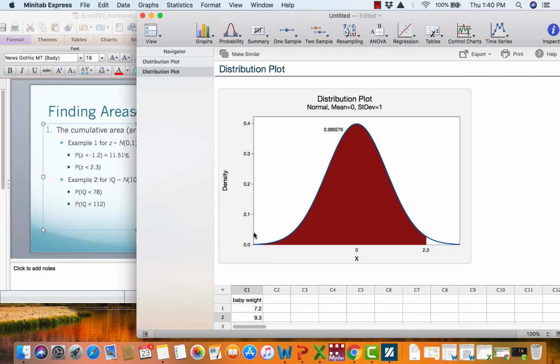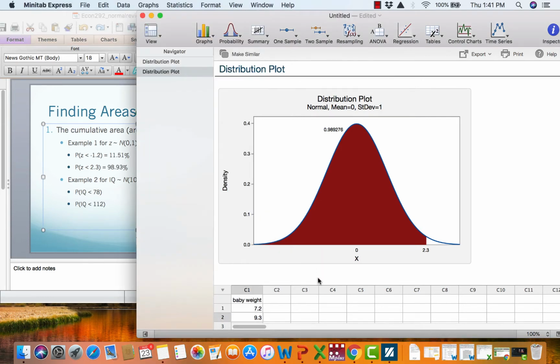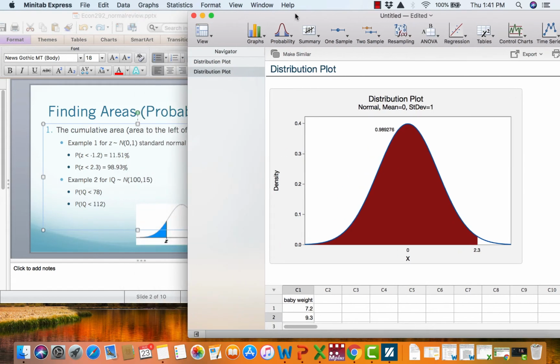All right, so everything to the left of 2.3 is shaded. And we have our decimal that we now need to write as a percent rounded to the 100th. So we'll have 98.93 because the 7 rounds the 2 up. All right, so again, we get 98.93%. All right. So there we have finding probabilities to the left of z-scores.